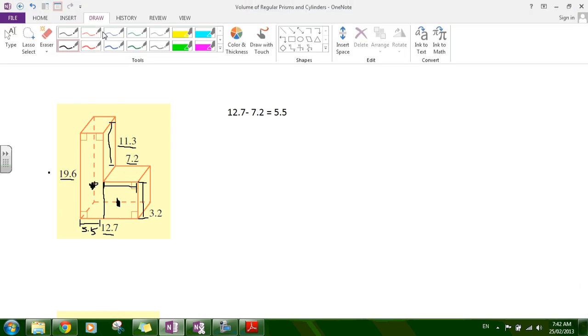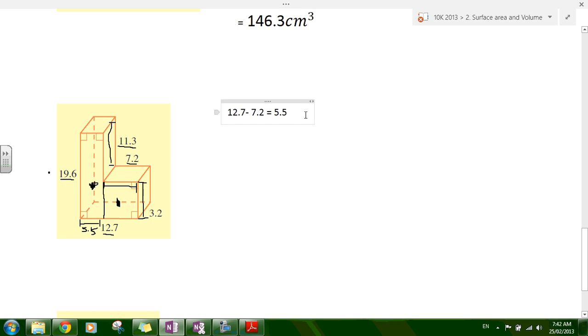Now the other one we had to do was 19.6 minus 11.3. That's 8.3, so that's this distance here. I'll draw that in. 8.3. Alright, so now we know the dimensions for this square, and we have the dimensions for this rectangle. We can add them together, work out the area, and then we know what the depth is.